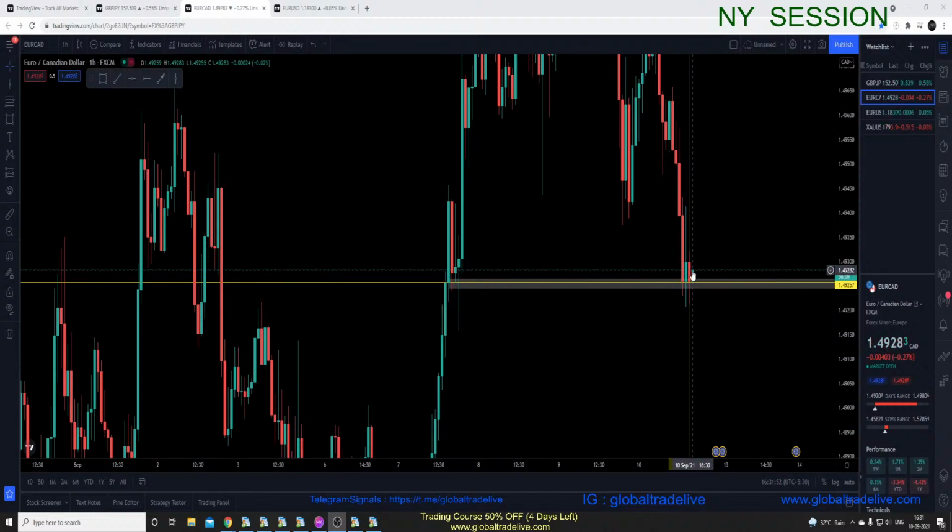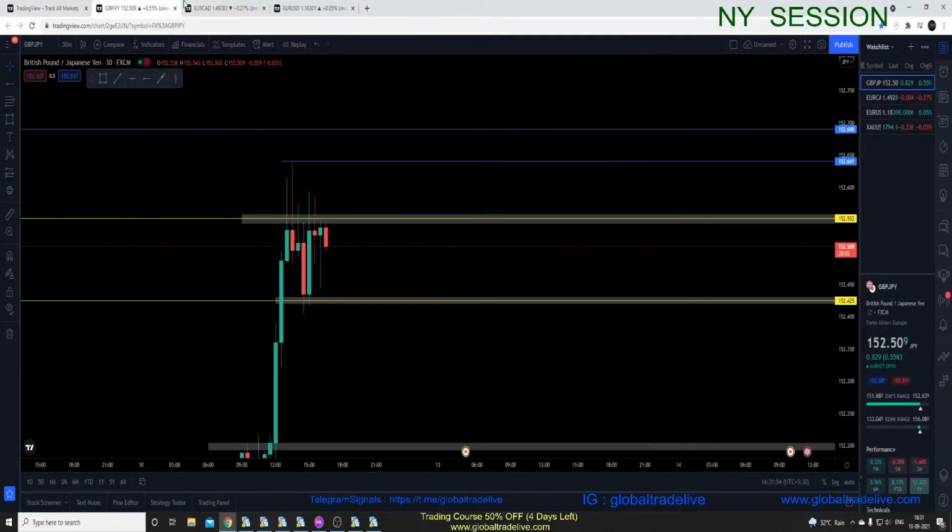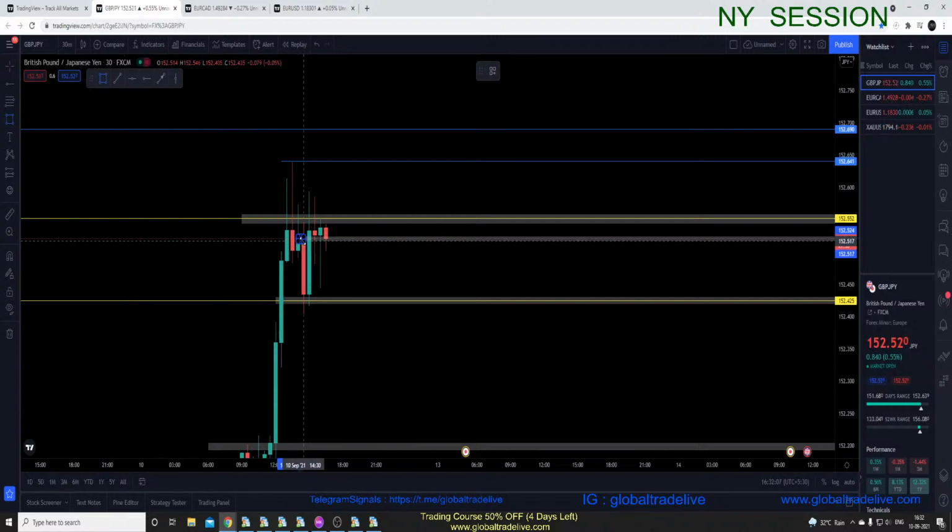Okay, so the 1 hour candle just closed like this. GBP JPY closed like this, giving a huge rejection over here, which created a very small resistance and support at this point. So when this came down, it created a resistance, then it went up above this resistance.